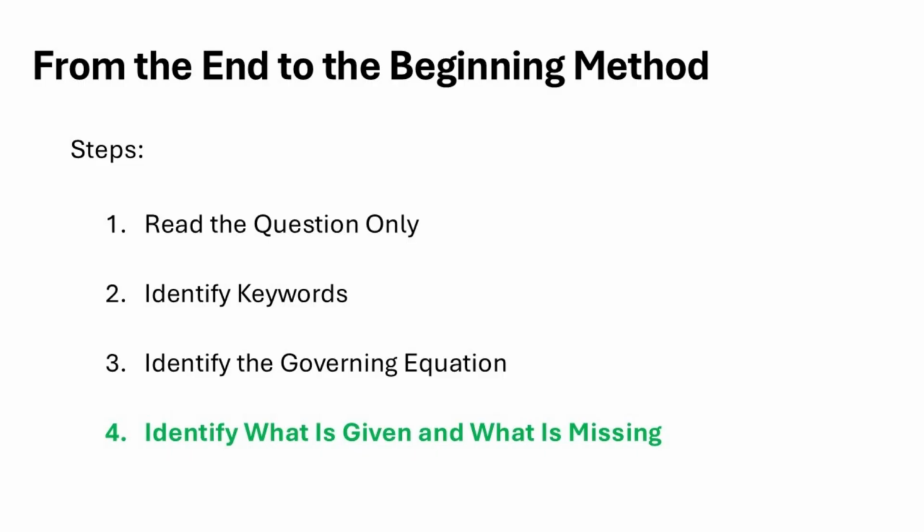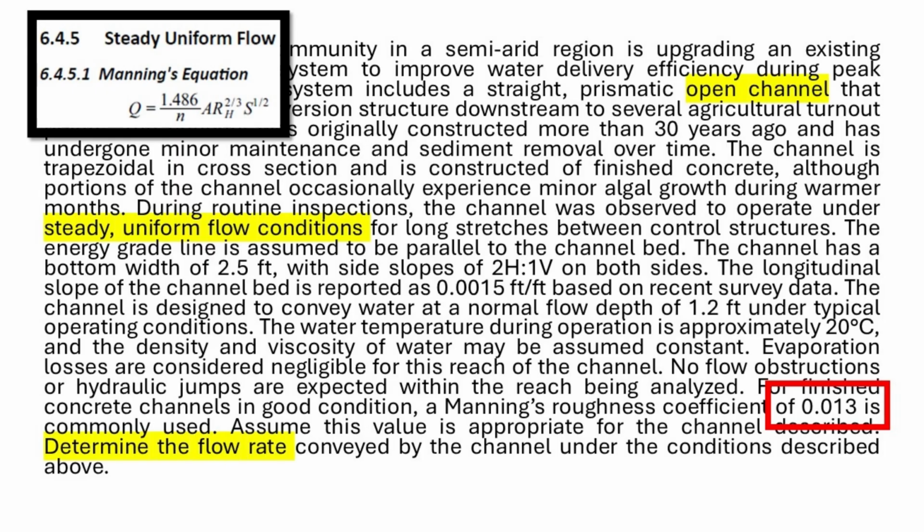Many students panic when something is not given, but experienced exam solvers see this as a signal, not a problem. From the equation we need Manning's roughness n, cross-sectional area A, hydraulic radius R, slope of energy grade line S. Now as we scan the problem statement, we're going to go through it with purpose.